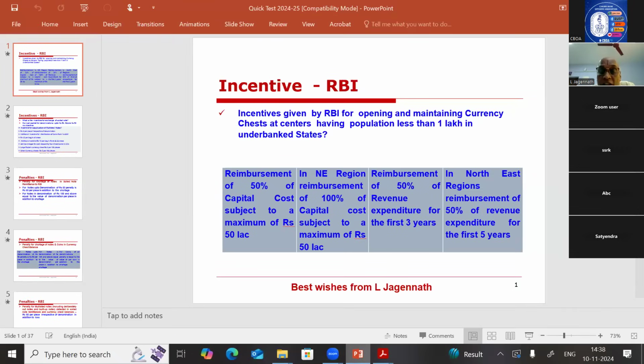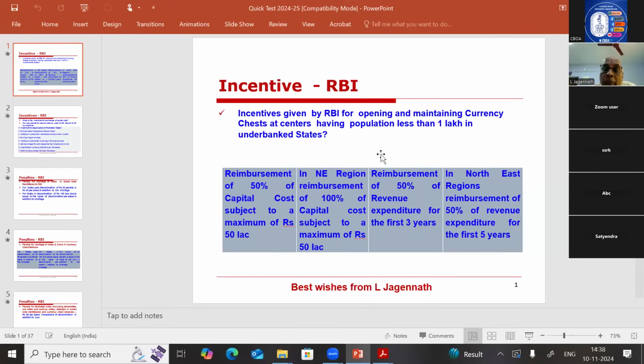Now let us see what incentives RBI gives first, then we'll go to the penalty. With regard to currency management, these are the incentives given by RBI for opening and maintaining a currency chest at centers having population less than 1 lakh in underbanked states. I think this question was asked for some cadre last year in the 2023 November exam.